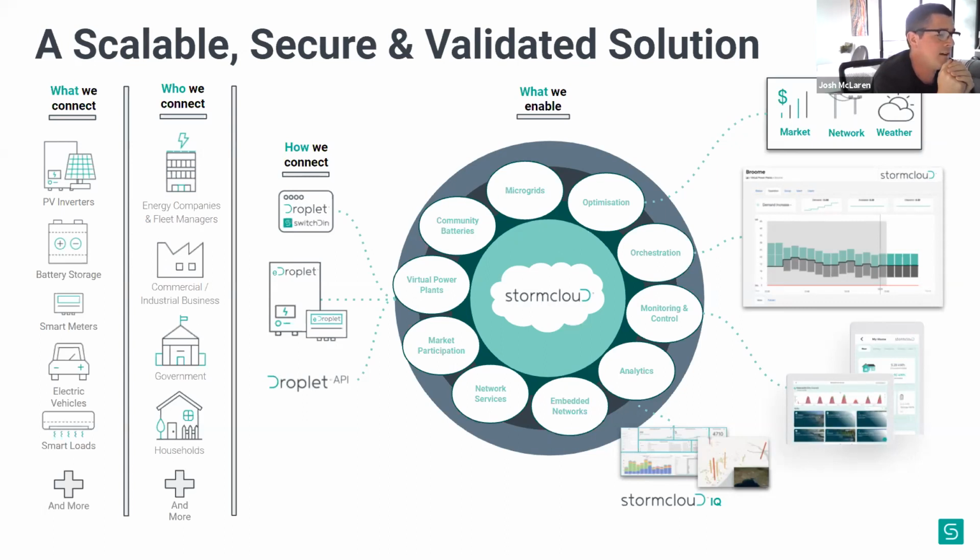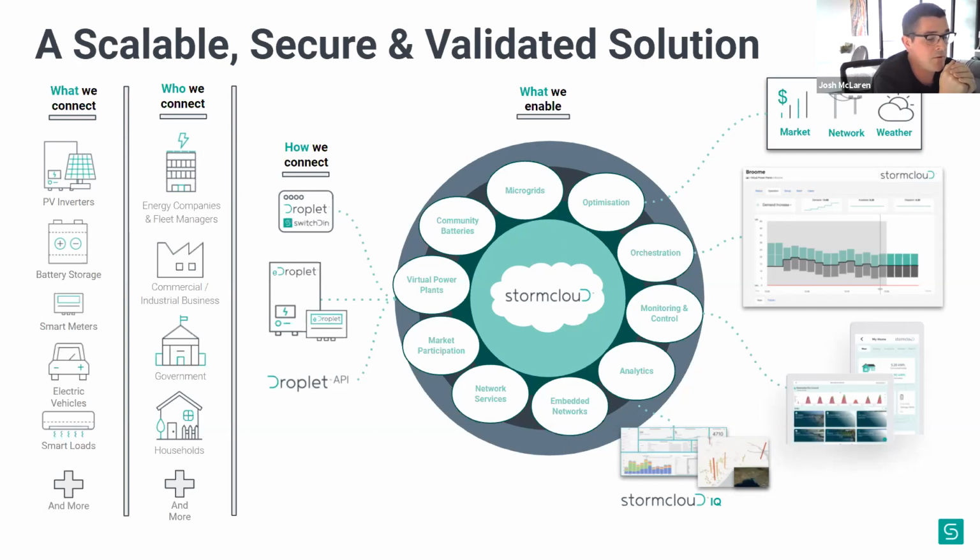We take all of these disparate controls and bring them onto the Storm Cloud platform, where they essentially look like uniform assets. And that's where we can do a raft of really great things. From that, we pull about 600 million points of data every single day, which will be growing to 1 billion very soon.